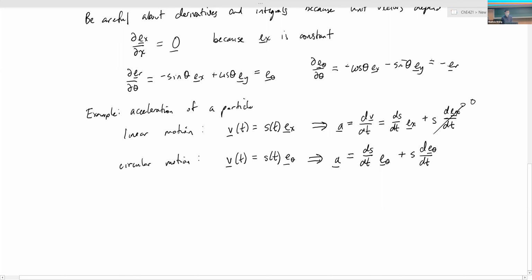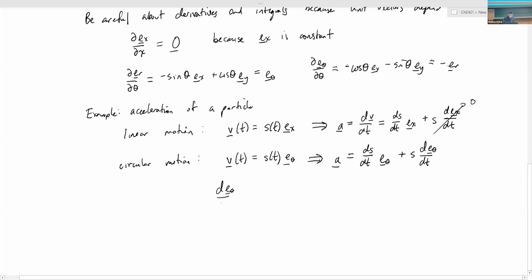Doing it wrong, not following the rules of calculus, you would not have had the second term here. But now you realize that e theta actually depends on time, because it changes as you're moving around the circle. And so let's actually figure out what that is.